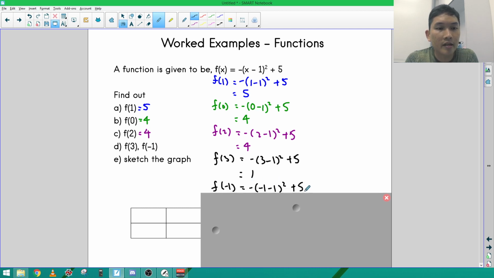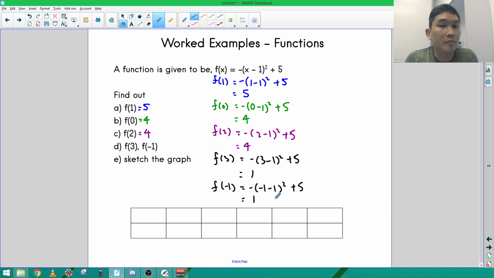This is what it looks like after you do the substitution. Looking inside the bracket, negative 1 minus 1 is negative 2. Negative 2 squared is going to be positive 4. Positive 4 times the negative sign is going to be negative 4. So negative 4 plus 5 is going to be positive 1. So we found all 5 inputs and outputs.